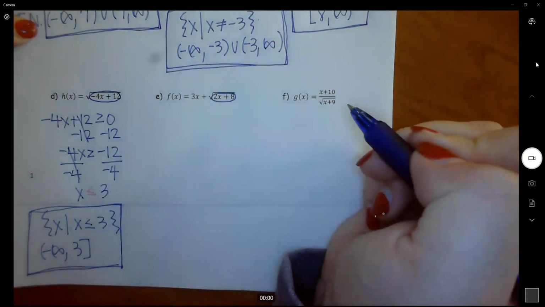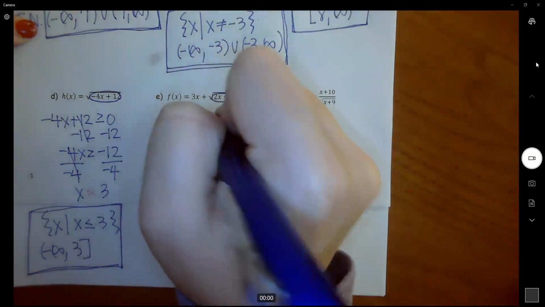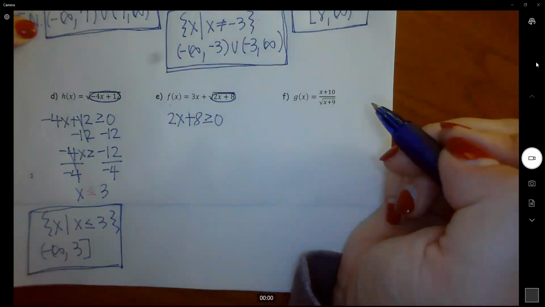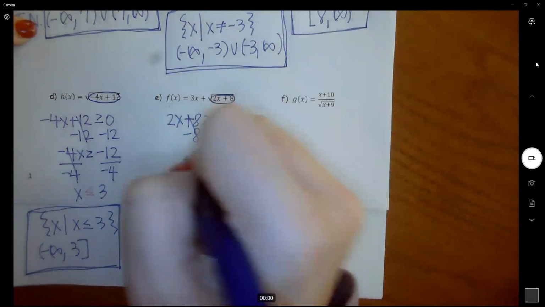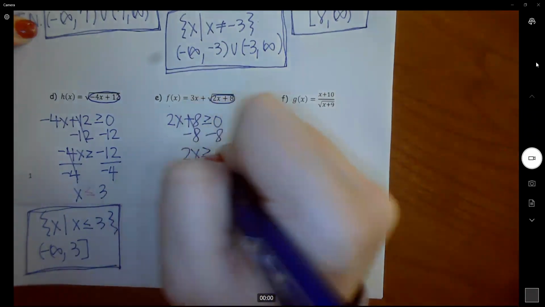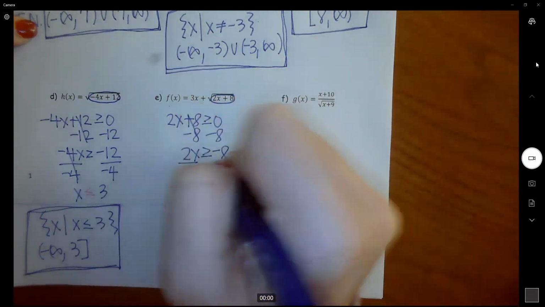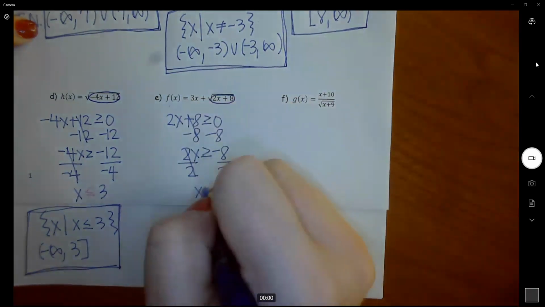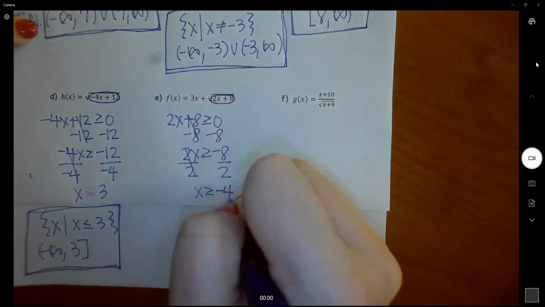So I just care about this 2x plus 8, and I need that to be positive, so greater than or equal to 0. Subtract your 8 and divide by 2. So x is greater than or equal to negative 4.